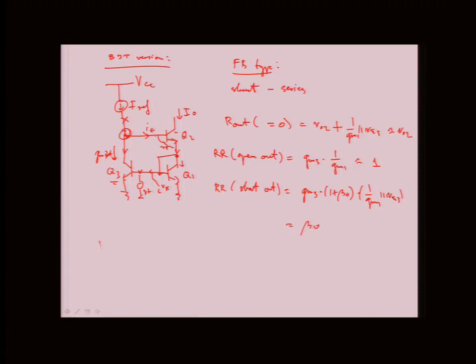So then our R out is going to be equal to RO2, and then we have 1 plus beta 0 over 1 plus 1. So that's RO2 times approximately beta 0 over 2.